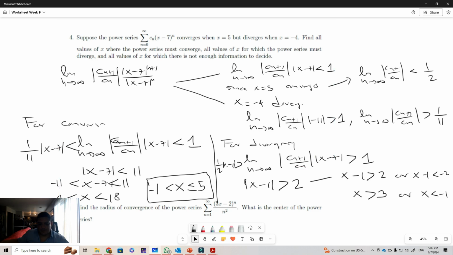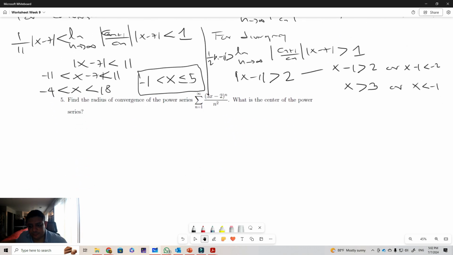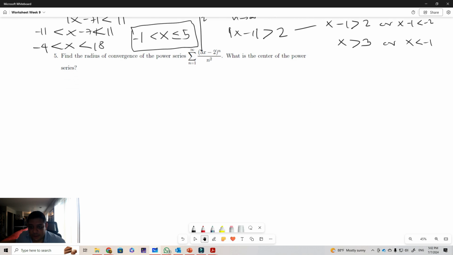Now for question 5, you want to find the radius of convergency of the series from n equals 1 to infinity of (3x minus 2) to the power n over n squared, and you want to know what the center of the power series is.